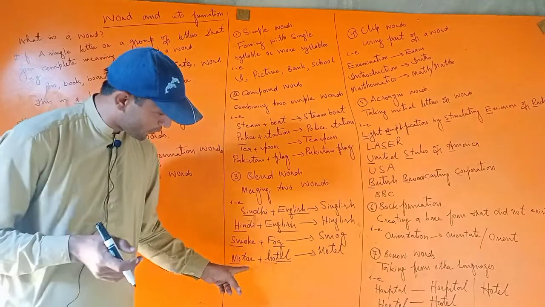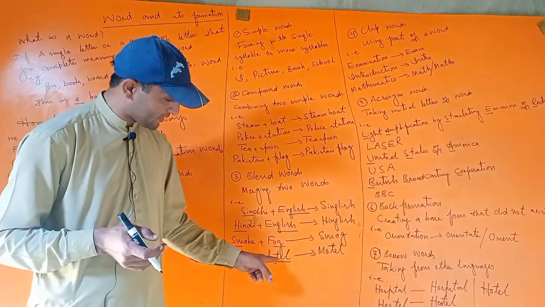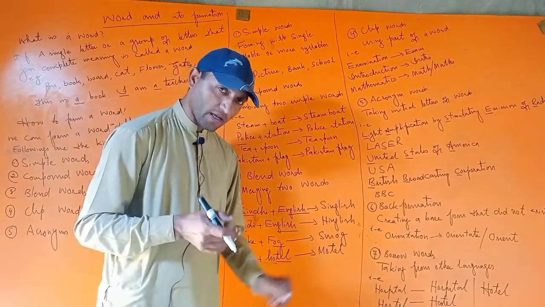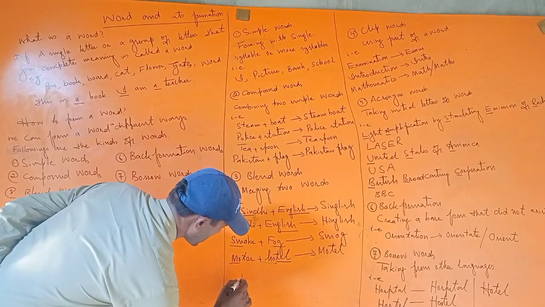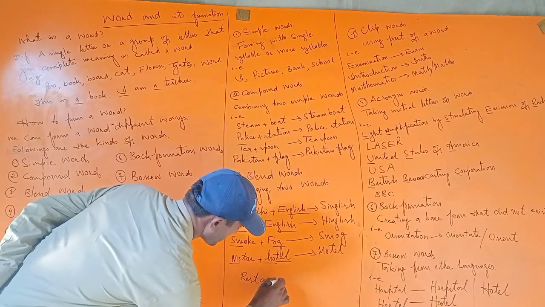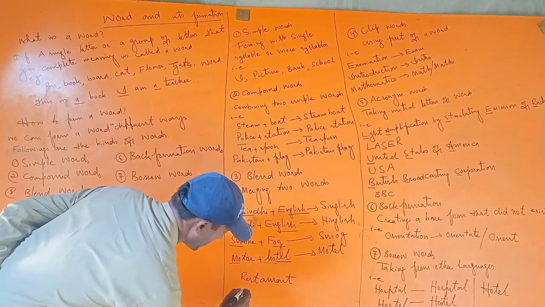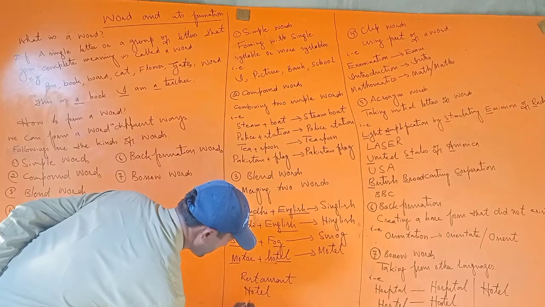Then we have motor and hotel: MO plus TEL, we have motel. And here I want to share something. This is a restaurant, and I have a hotel, and we have a motel.